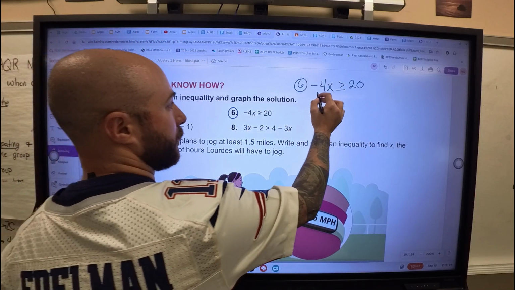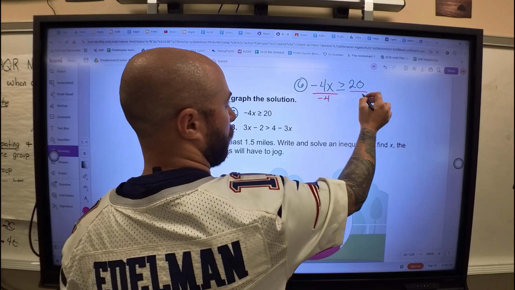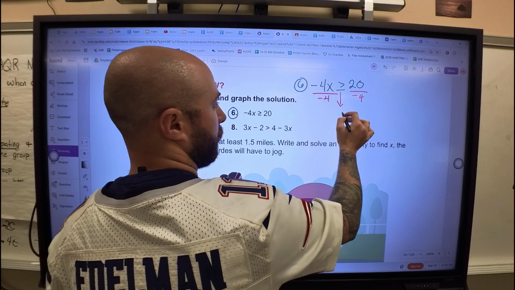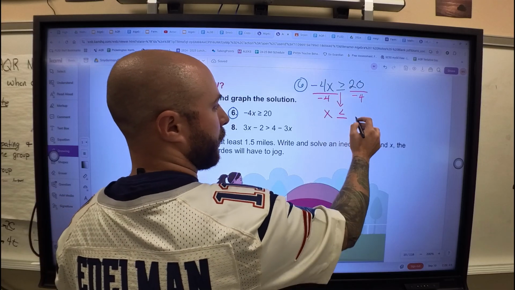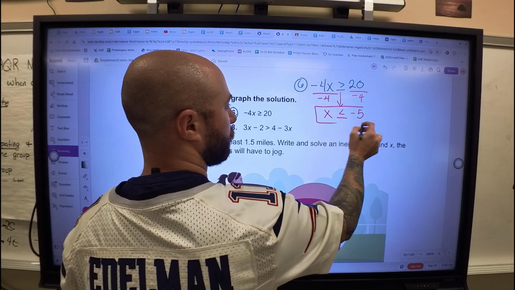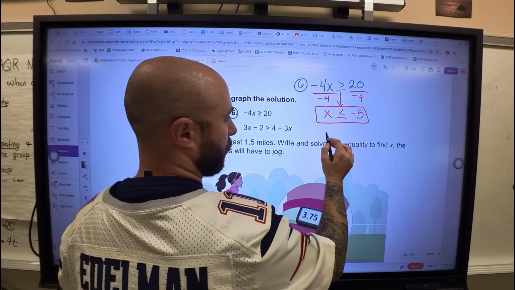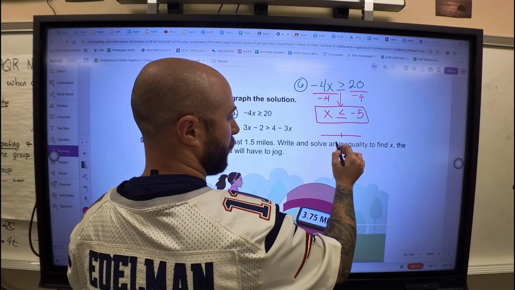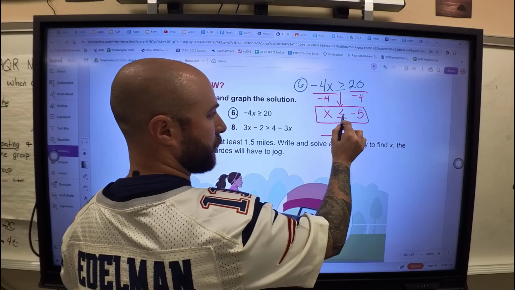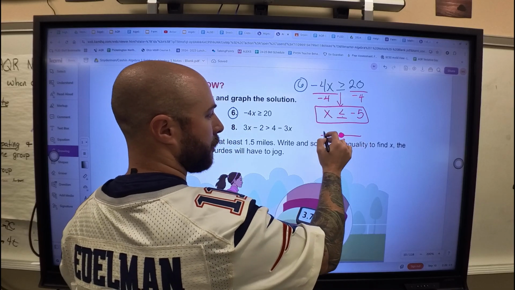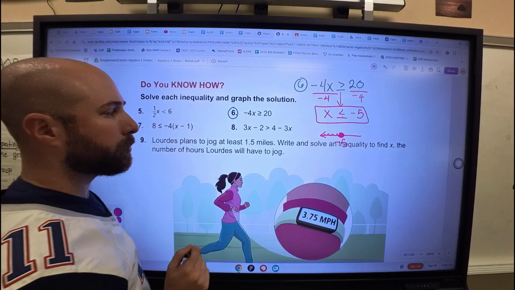We are going to divide by negative 4, which automatically means we're going to switch our sign. And 20 divided by negative 4 is negative 5. That tells us our graph is going to be at negative 5, and it's going to be a closed circle because it has the equals sign, going to the left.